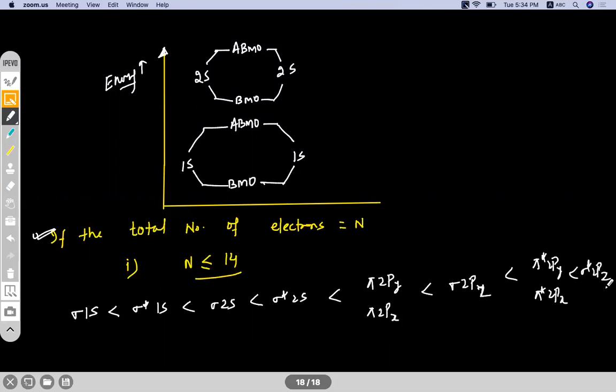This is the orbital energy order. These orbitals, which I have written like this, are degenerate orbitals. This two and this two mean equal energy orbitals.